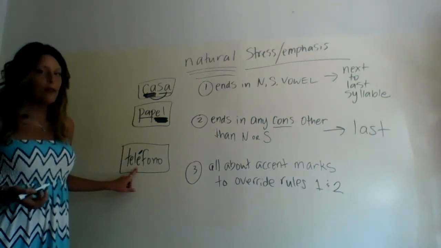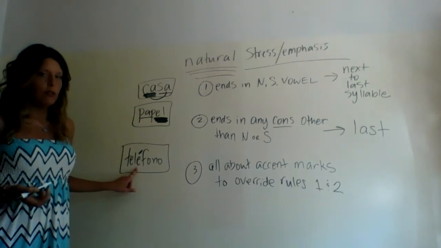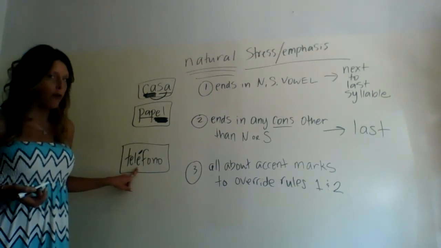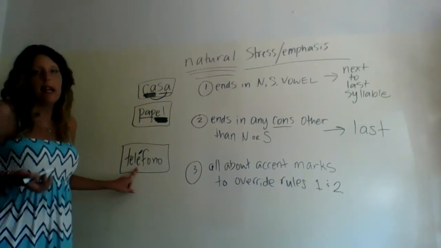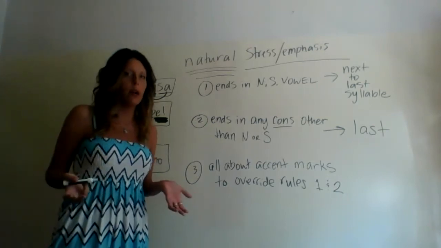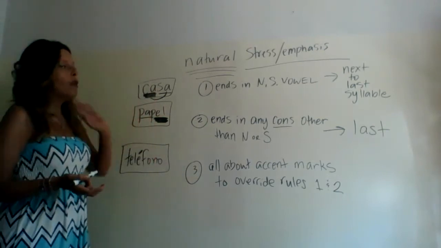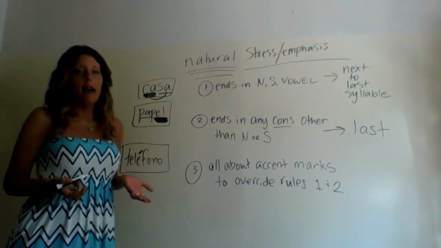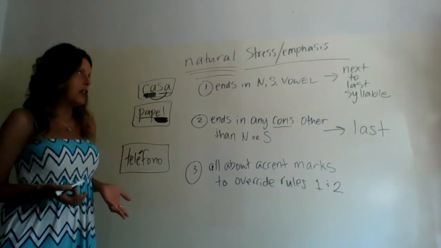So pretend for a second that this word, teléfono, with this accent mark over the second E, didn't have an accent mark. Let's pretend we misspelled it. We forgot to write the accent mark in. How would it sound naturally if it didn't require an accent mark in Spanish?